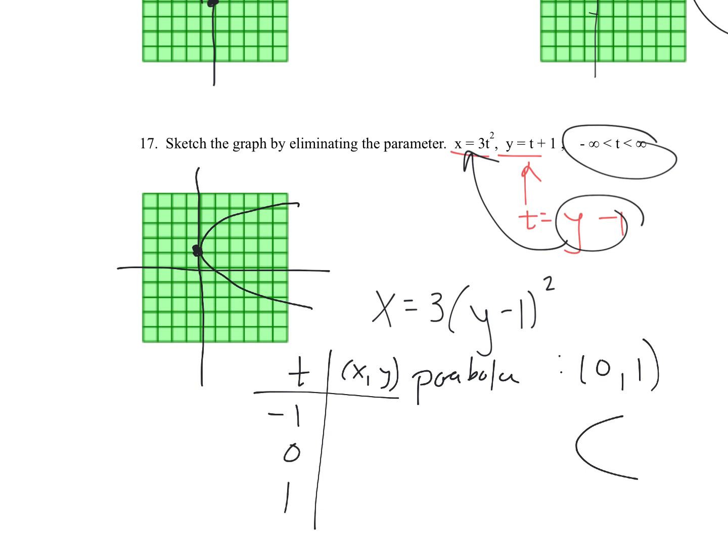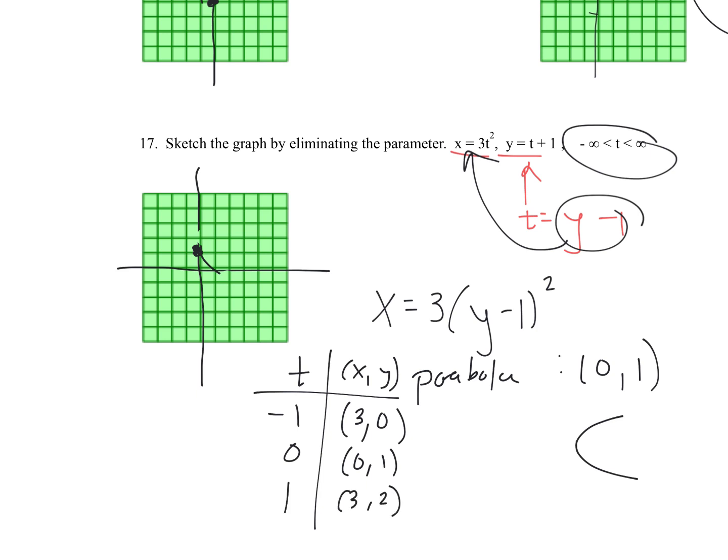So when I plug in those, at -1, x is 3, and y is 0. So 3, 0. No, I might need to go back and revise my graph a little bit here. It's a little bit off now. Let's pick 0. Okay, let's get the points first. So I get 0, 1. We have that one. And if I plug in 1, I get 3, 2.